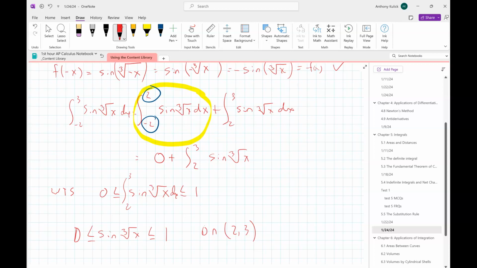Sine, I know, is between -1 and 1 always. But since we're stuck here between 2 and 3, I know that it's really 0 and 1 because we're in one of the first 2 quadrants up top where sine must be positive.